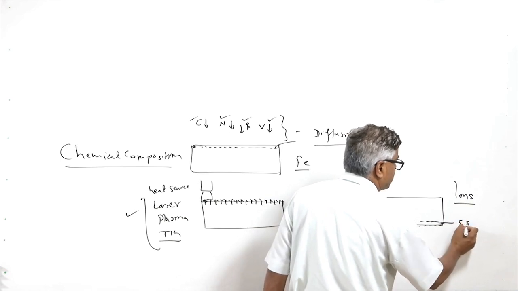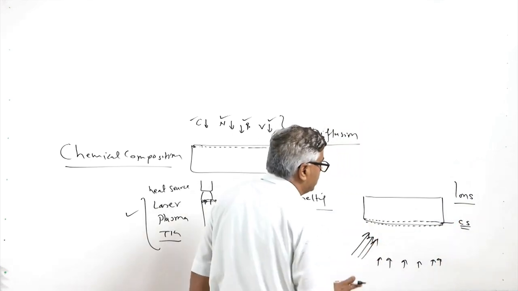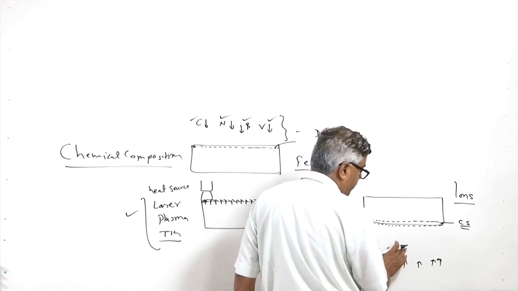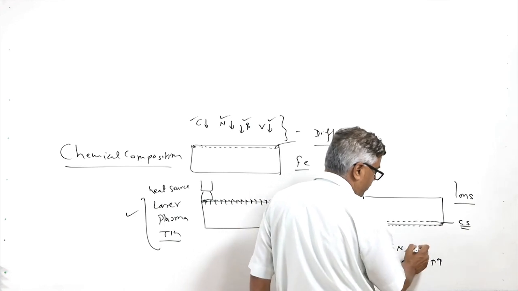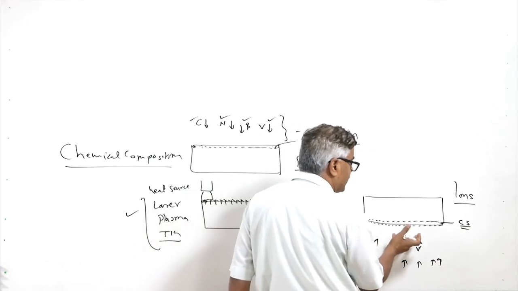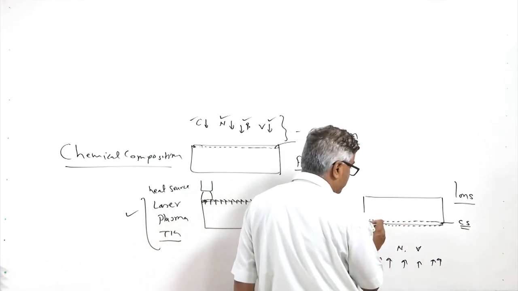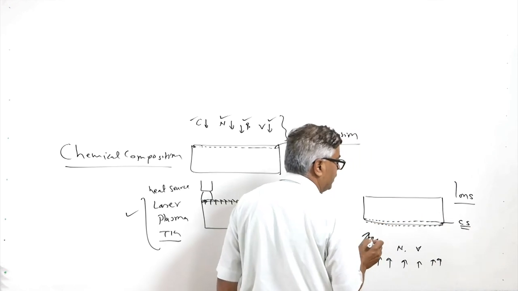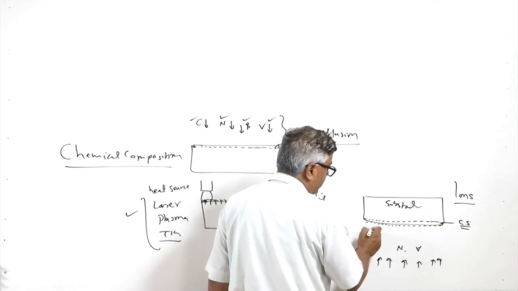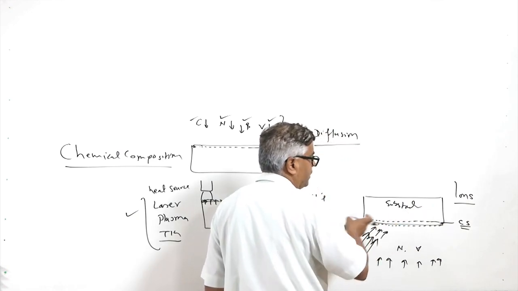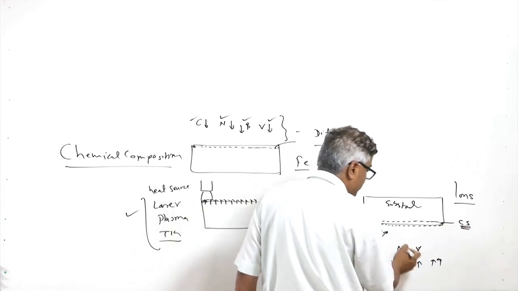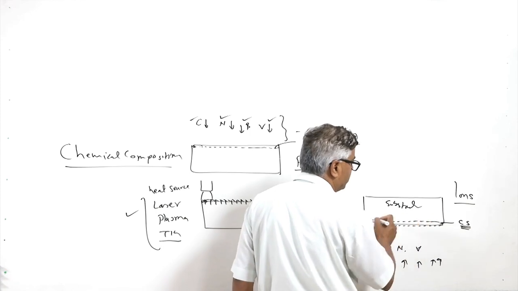One, the crystal structure is deformed and damaged, and the second, whatever metal vapors are getting deposited, like nitrogen or some other elements we want to introduce, these atoms get deposited onto the surface of the substrate, and when the ions impinge on the surface of the component to be modified, they deform the crystal structure as well as mix these ions and atoms with the substrate.